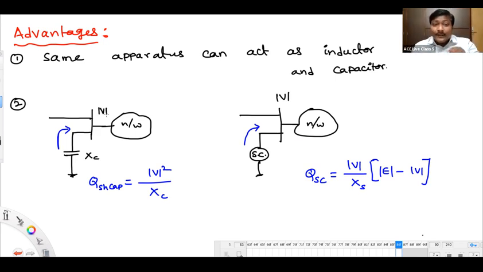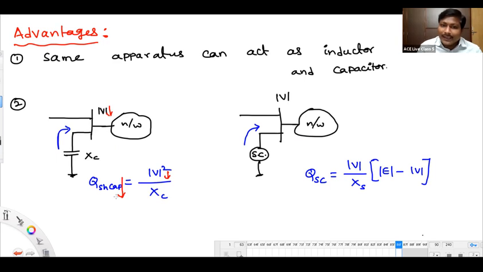Because of the fall in the bus voltage, definitely this V square will decrease. Whenever V square decreases, Q shunt capacitor also decreases. If the capacitor bank injects more reactive power, it maintains a good voltage at the bus.